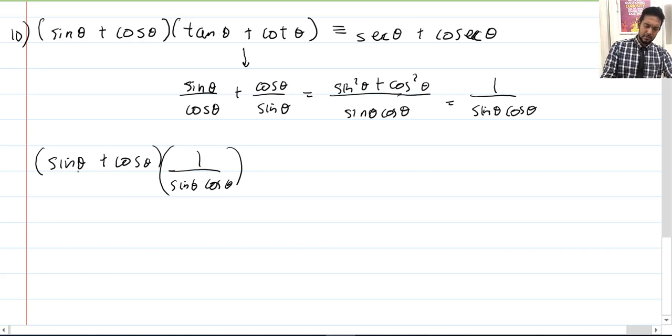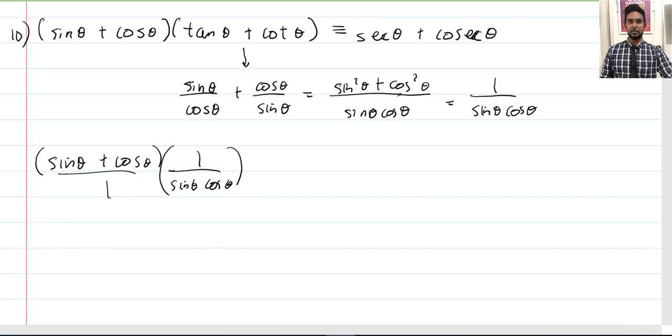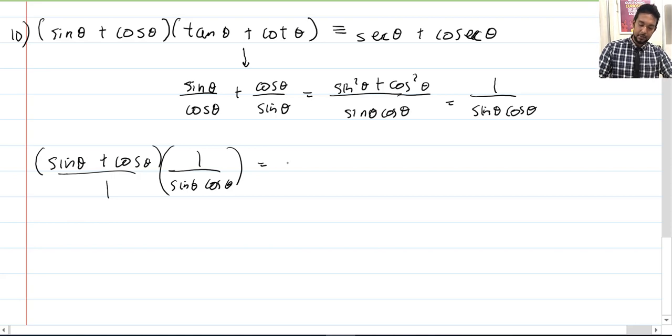Okay, well that seems simple enough to do. If you multiply fractions together, you just multiply the numerators together and then the denominators together, not so? All right, let's see what happens. So sine theta plus cos theta multiplied by 1 will simply give us sine theta plus cos theta, and that's all over sine theta cos theta.